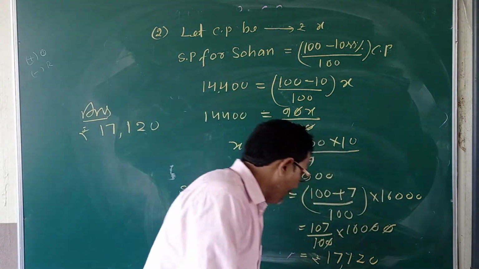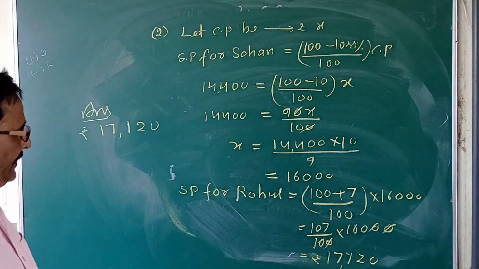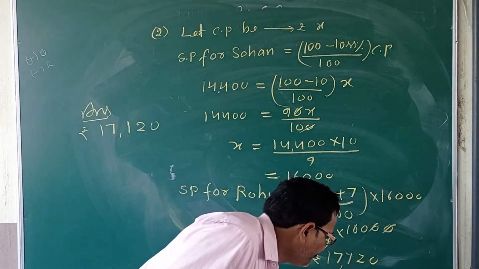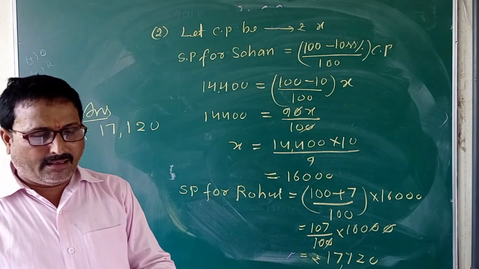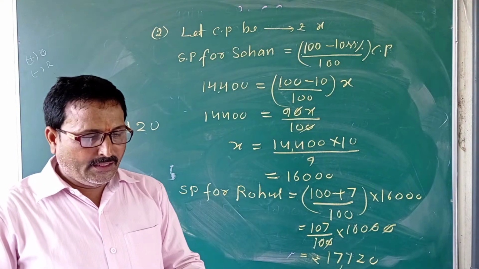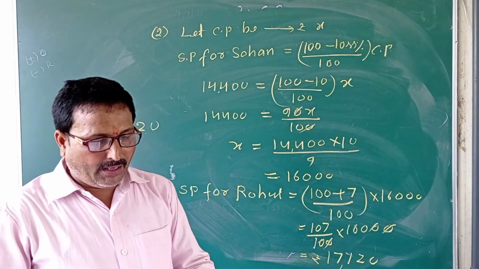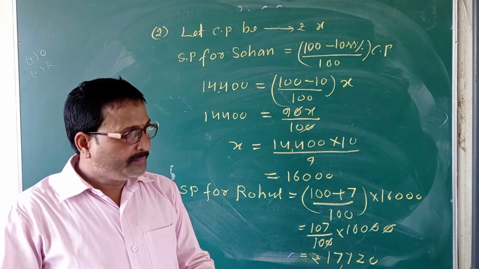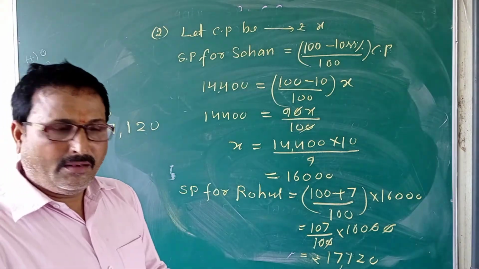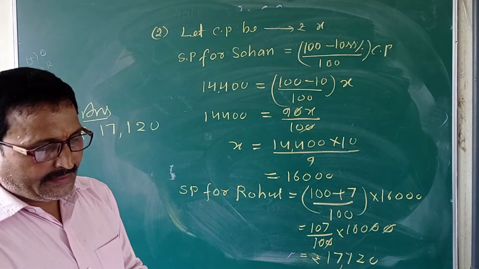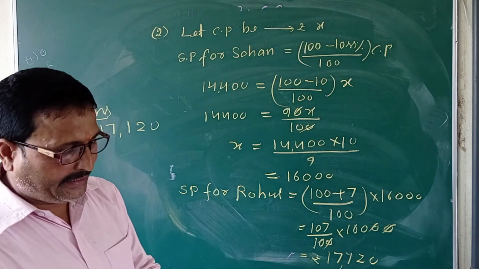Now next question. Question number 4 given. A goldsmith bought 100 gram gold for rupees 54,000 from a wholesaler. He then sold it at a gain of 10%.